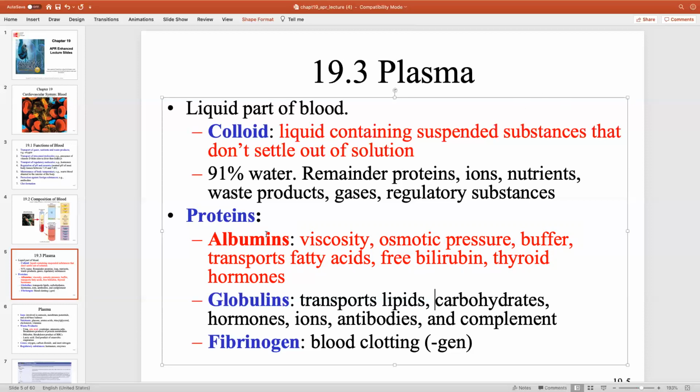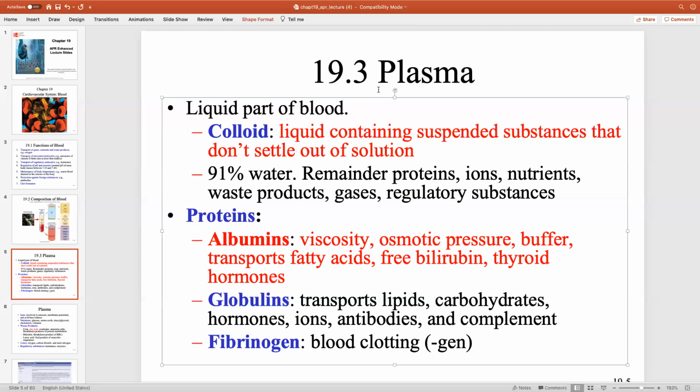If we didn't have albumins and blood is going towards that tissue, the tissue has fluid surrounding it. Well, what happens then? If we didn't have albumins, we're going to start seeing a little bit of water movement.